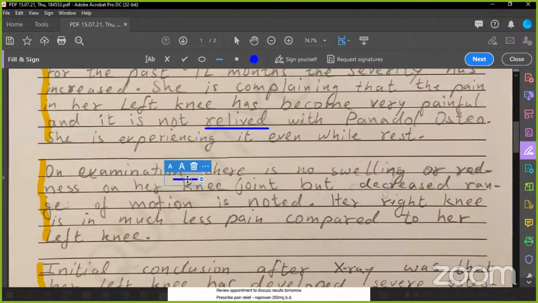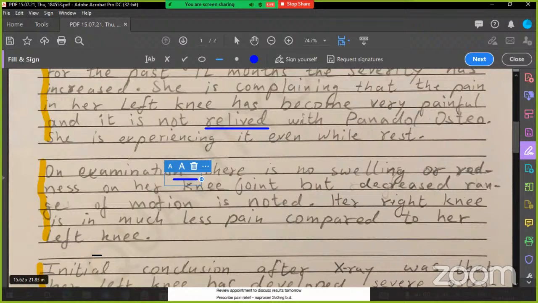Examination revealed decreased range of motion. Decreased range of motion was observed on examination. A better word than noted is observed. Next: her right knee is in much less pain comparatively, you can say compared to the left knee.